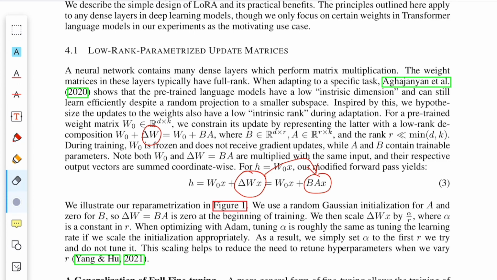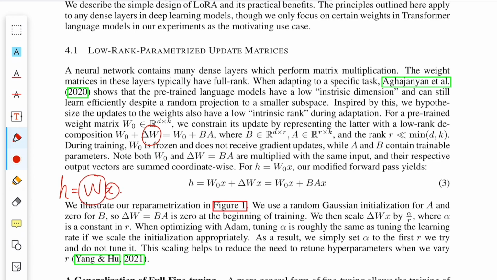Okay, I will explain more about the details. X is our data. If we step back, H is the hidden layer. It equals W multiply X. W is our model, it has some parameters.